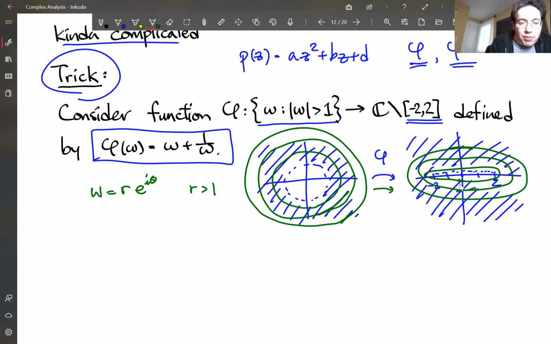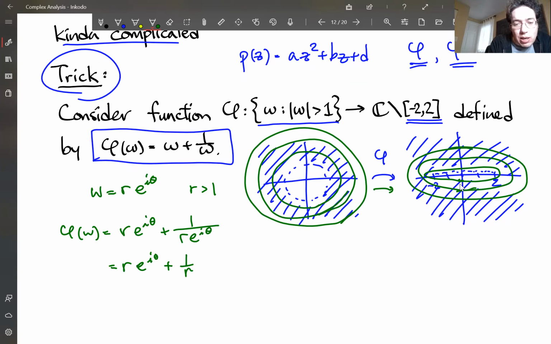Okay, so let's compute it. So phi of w is going to be r e to the i theta plus 1 over r e to the i theta. So r e to the i theta plus, I have 1 over r here. And 1 over e to the i theta is the same thing as e to the negative i theta. So I'm just going to rewrite it that way. I'm going to use Euler's formula.